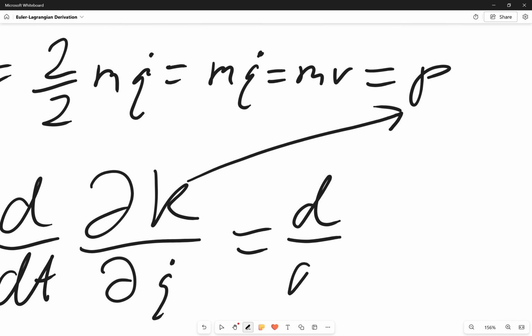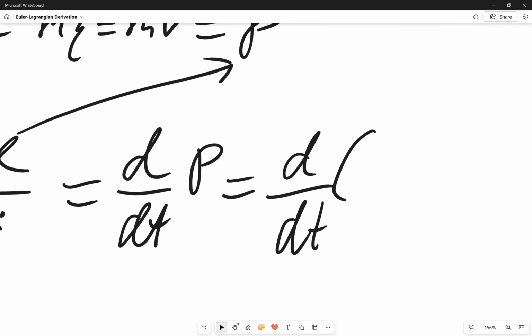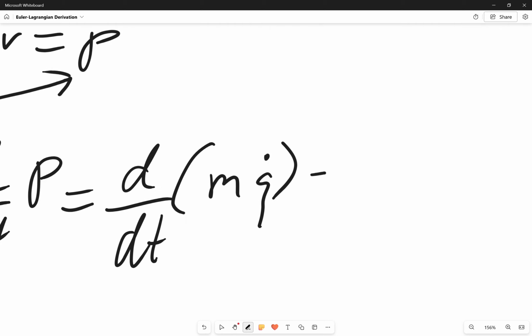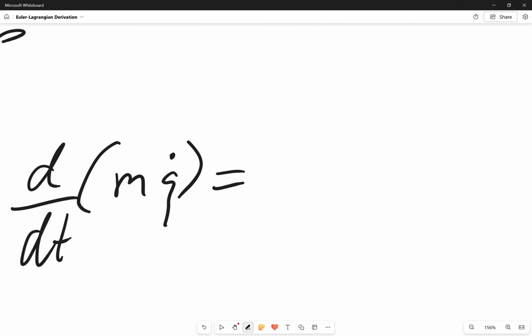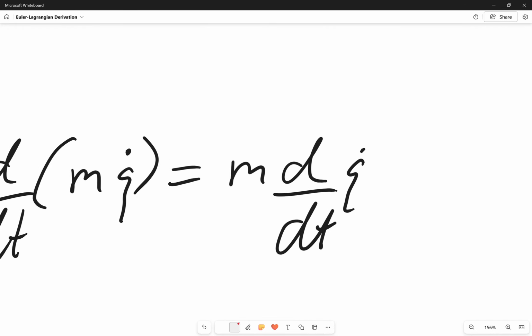So it'll be d over dt of the momentum. Now, I will define momentum back in its velocity form. It'd be m times q dot. The mass is constant, so we will pull it out and be left with q dot.